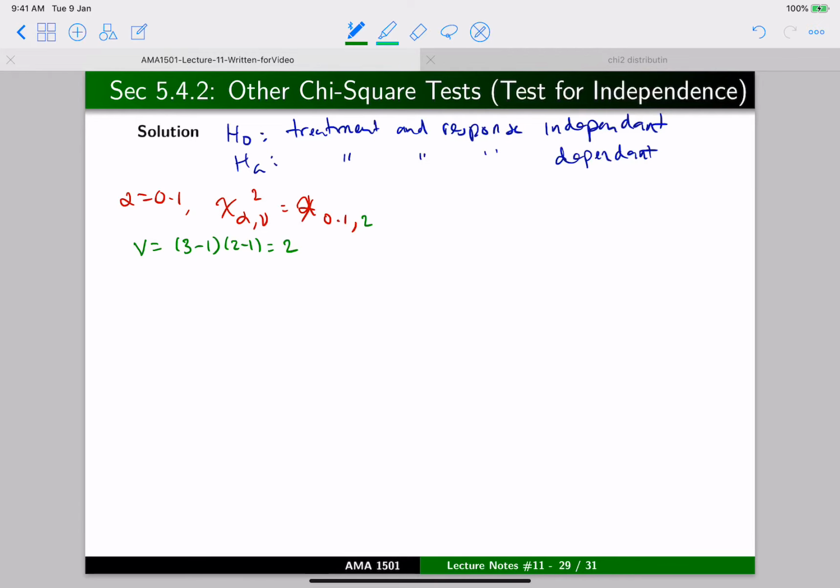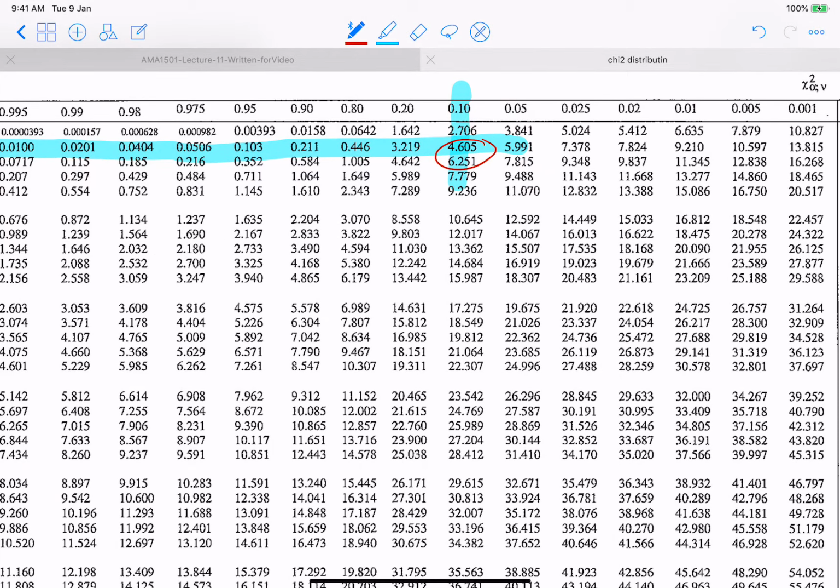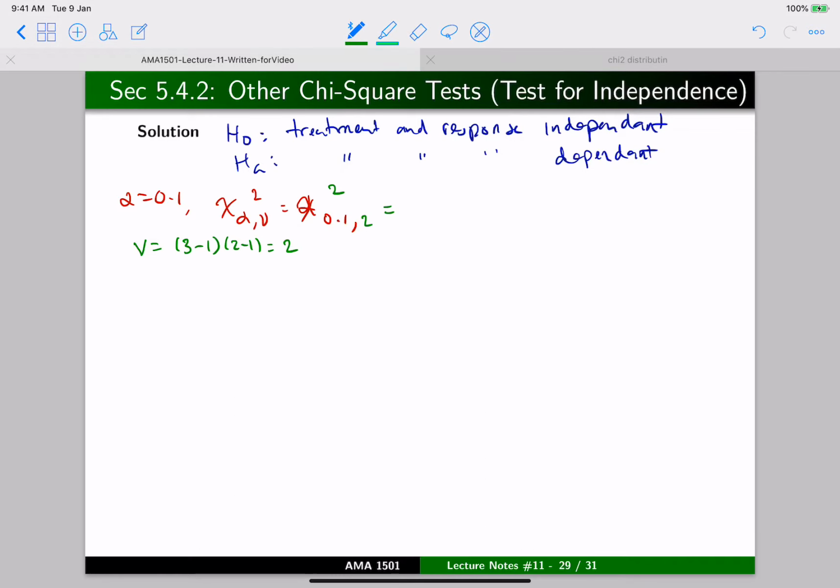So there's 2 degrees of freedom here. So chi alpha nu is going to be, for 2 degrees of freedom and 0.1, right here, the intersection looks like it's 4.605.